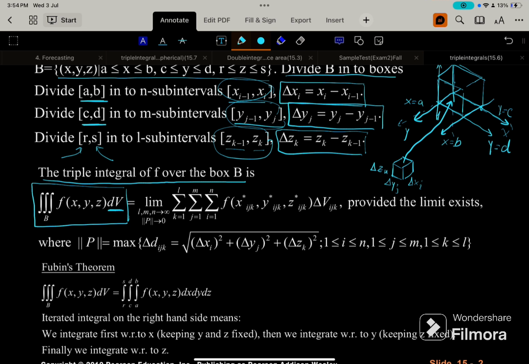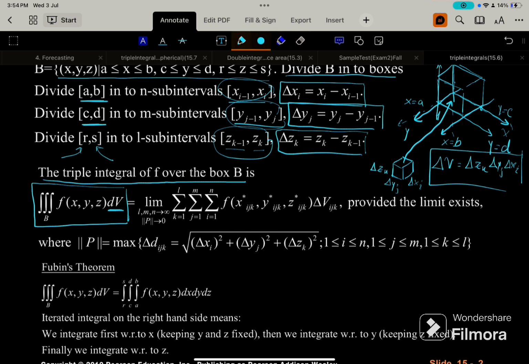So this is delta V. Delta V is delta xi times delta yj times delta zk, and so that's our small volume, delta V.